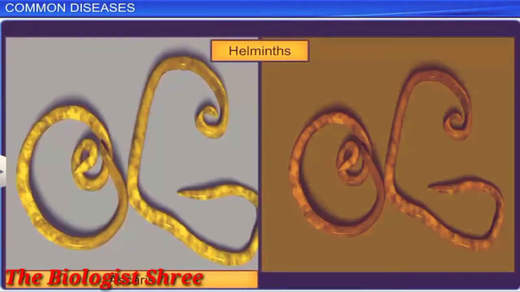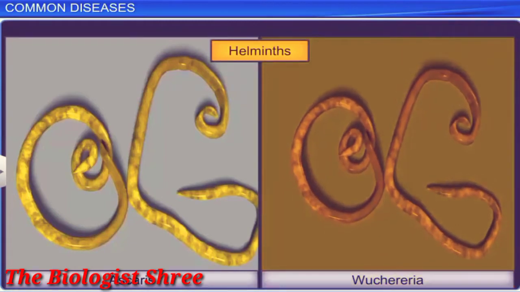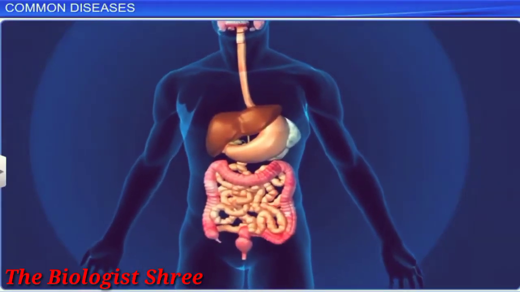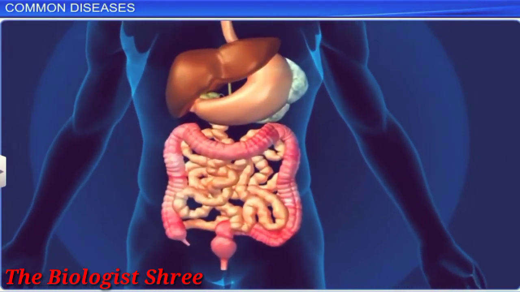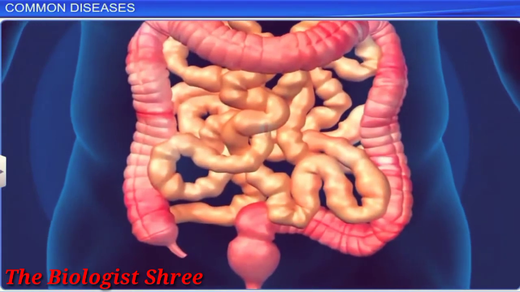Helminths like Ascaris and Wuchereria are also responsible for causing pathogenic diseases in human beings. Ascaris, the common roundworm, is an intestinal parasite that causes ascariasis.